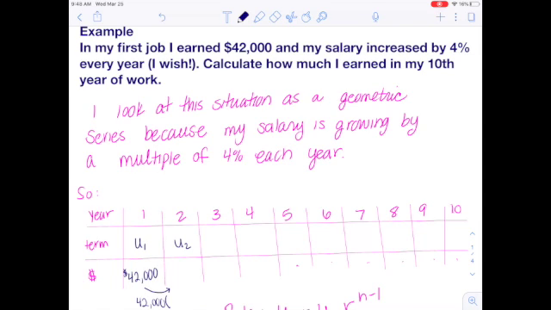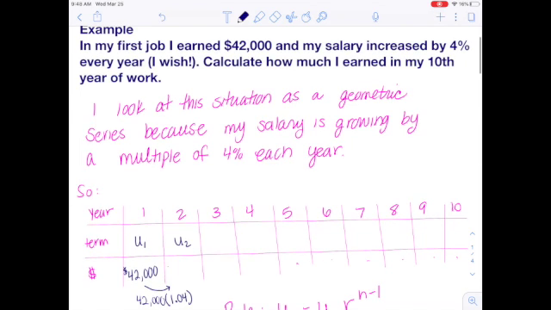If I multiplied by 0.04, that would be how much of an increase I got. If I wanted to use 42,000 and have my answer right away, I'm going to use 1.04 for that 100% plus the 4% increase.